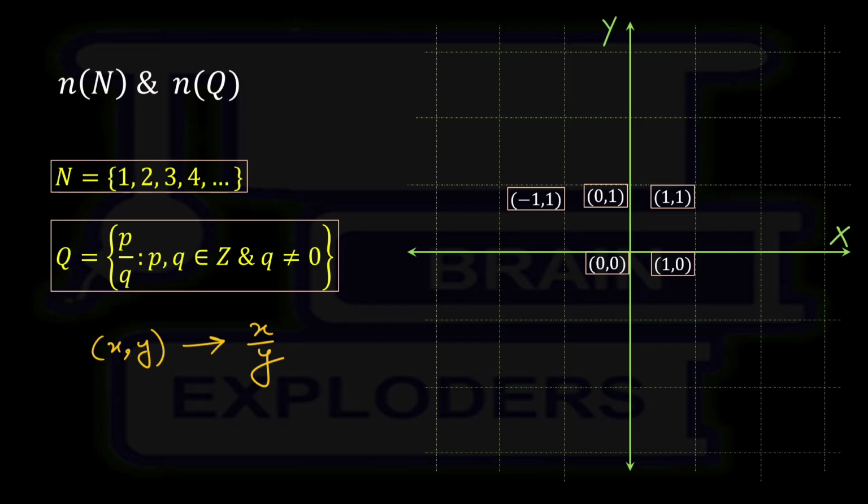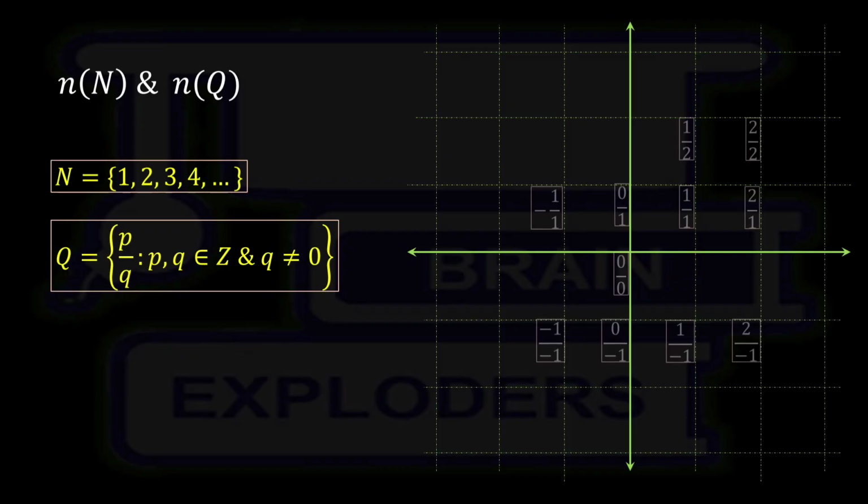So every grid point will be associated with some x by y ratio. Now some of the ratios may be undefined. Suppose this is 0 comma 0 and the denominator is 0, so it is undefined. This is not a natural number. Here also there's the point 1 comma 0, so we will write 1 by 0, and this is also undefined. So all the numbers on the x-axis are basically undefined.